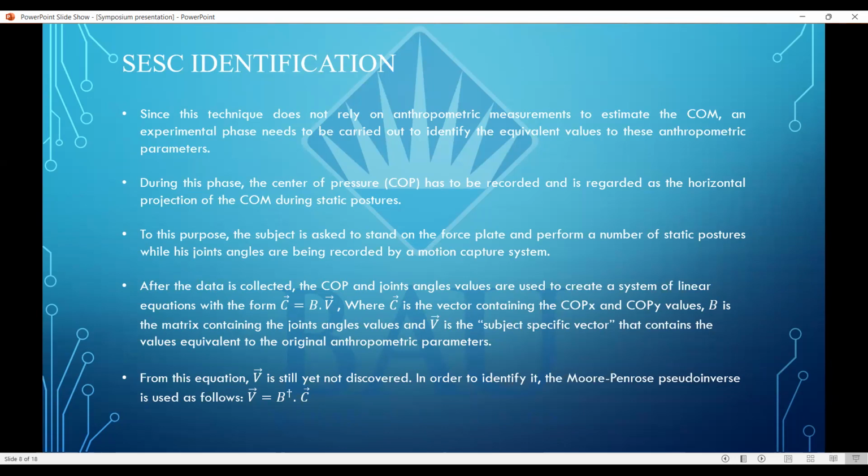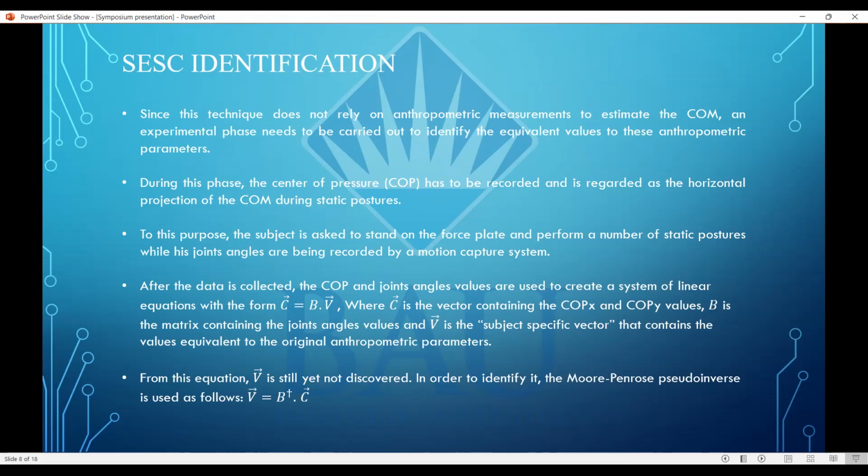During this phase, the center of pressure is recorded as the horizontal projection of the center of mass during static postures, only static postures. To this purpose, the subject is asked to stand on the force platform and perform a number of static postures while his joint angles are being recorded by a motion capture system.